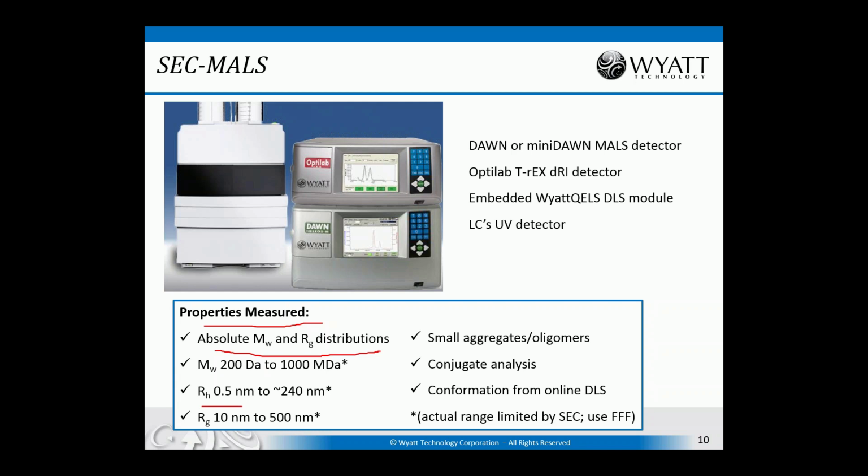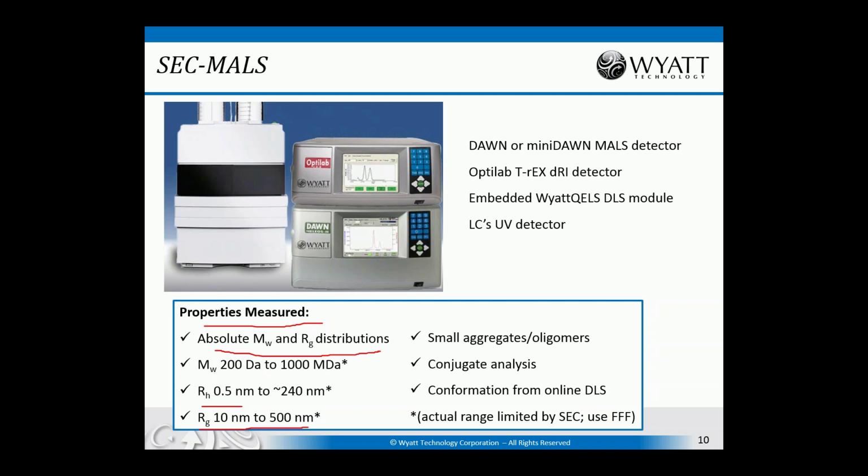But of course, SEC doesn't actually separate up to that size range, and so it's limited to about 50 nanometers. RG, again root mean square radius, begins at about 10 nanometers and extends up to 500 nanometers using the DAWN system and FFF. That upper limit would be lower if your separation technique did not extend that high, or if you use the lower end miniDAWN TREOS.